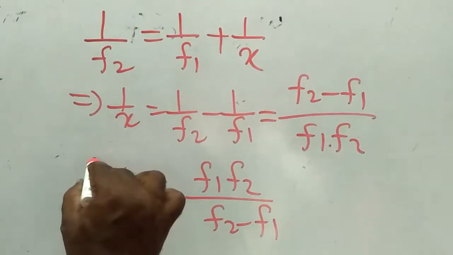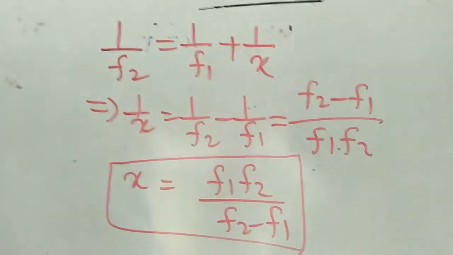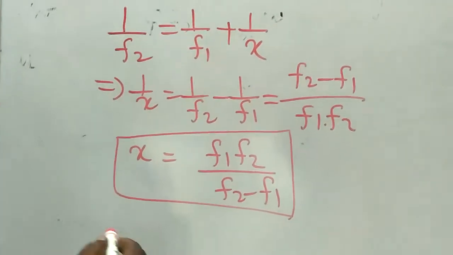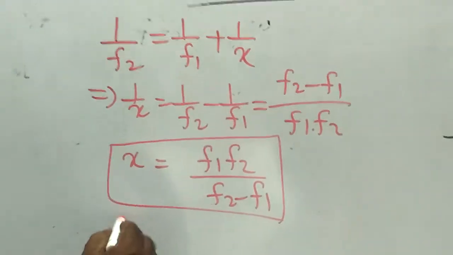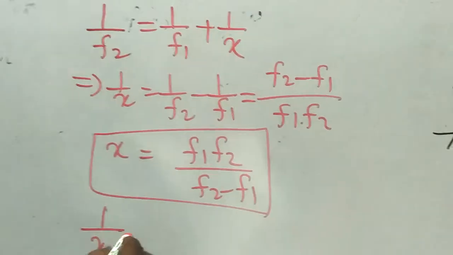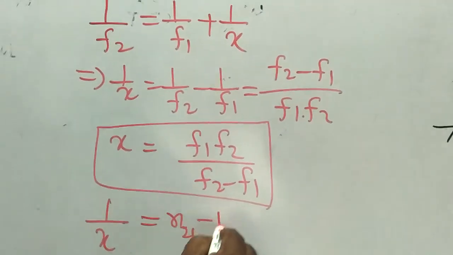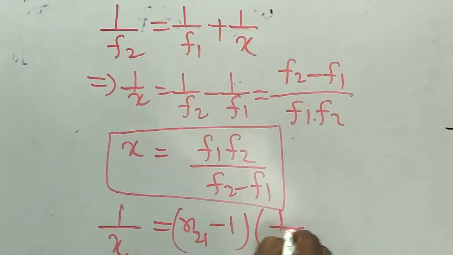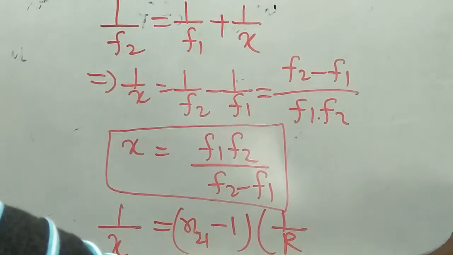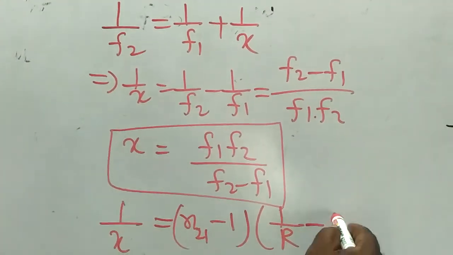It means using this formula of f1 and f2 we can calculate the focal length of the plano convex lens. So again by using the lens maker formula we can write 1 by x, 1 by the focal length of the plano convex lens, should be n21, the refractive index of water, minus 1 into 1 by r, where r is the radius of curvature of this convex surface, minus 1 by infinity.